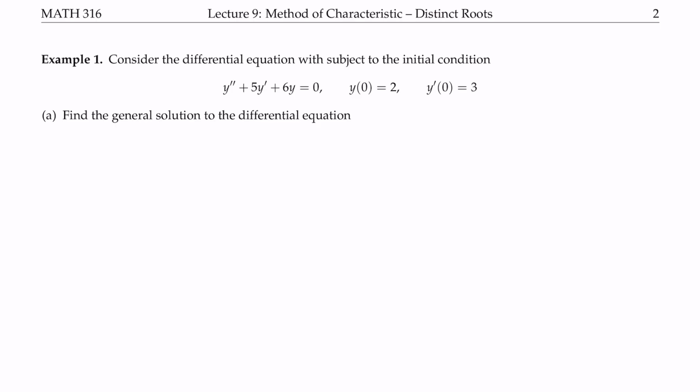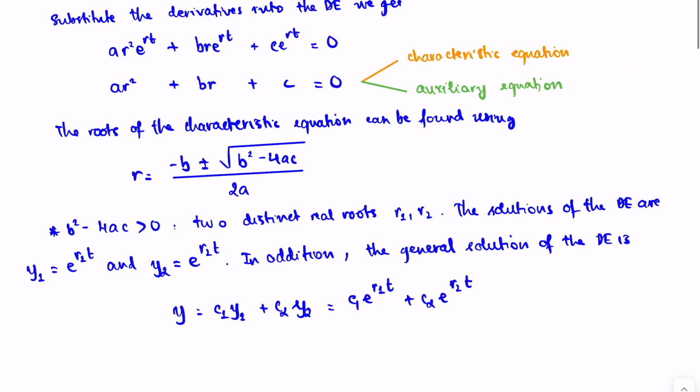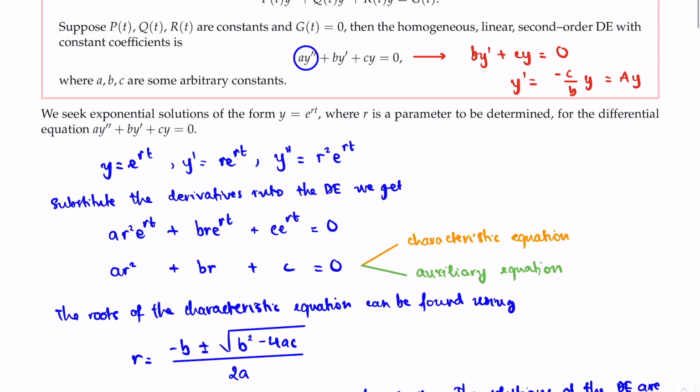I'm not going to be too strict on the derivations of the second order differential equations to the characteristic equations. But if you don't know right away how to write the characteristic equations, you can follow these derivations right here. That is, you start with the trial solution, y equal to e to the rt, find the first derivative, second derivative, substitute into the differential equation, and get the characteristic equation.